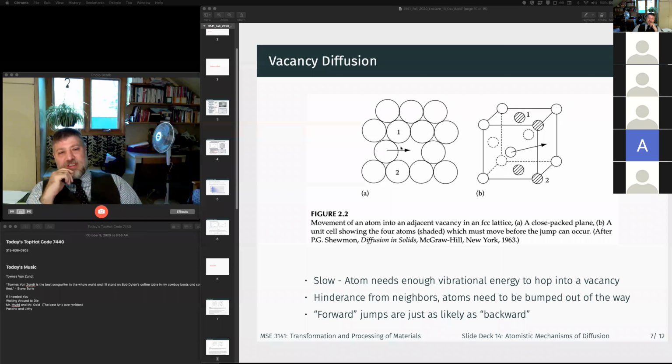I'm just as likely to go forward as backwards, or up as down, right? So averaged over a large period of time, my vacancy doesn't move. It has a net zero change, or the position ends up being a Gaussian shape that we'll look at in just a little bit.